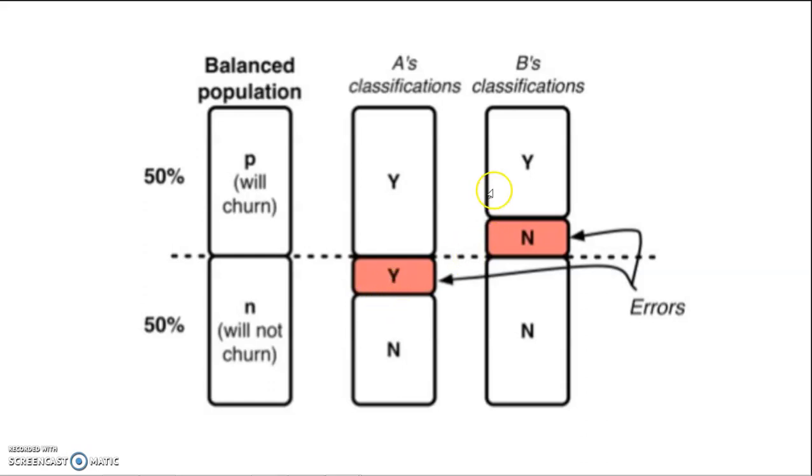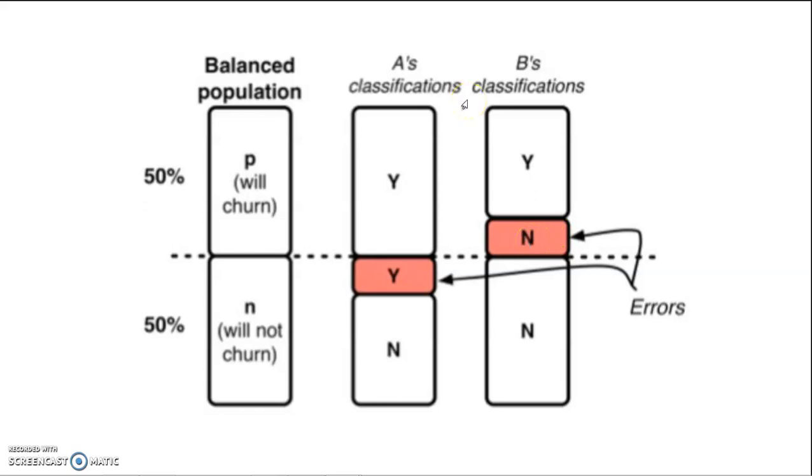And algorithm B keeps on mispredicting that some people who are going to churn are actually loyal. So depending on the domain, in the case of churn here, which one is more damaging, which one is more costly?